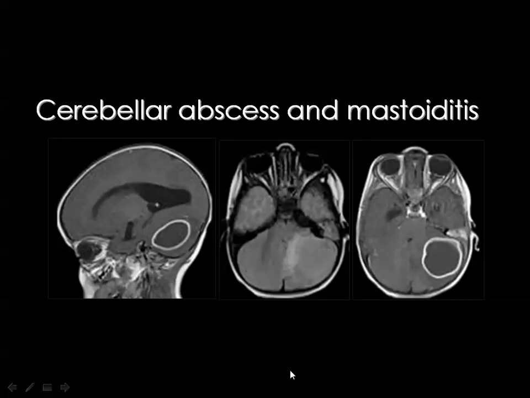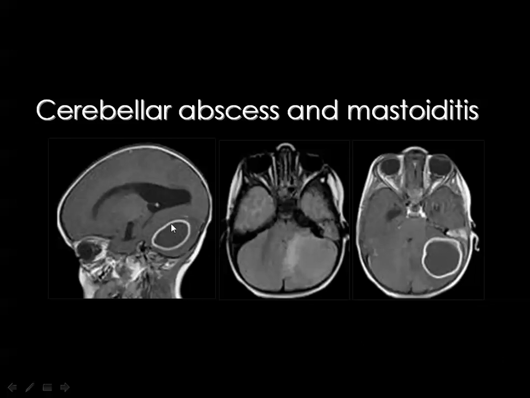Posterior fossa abscesses may be related to ear infection, and one of the tricks in the examination is, in cases like this, not to forget to look at the petrous bone for signs of infection or inflammation, which may contribute to the etiology of cerebellar abscesses sometimes.